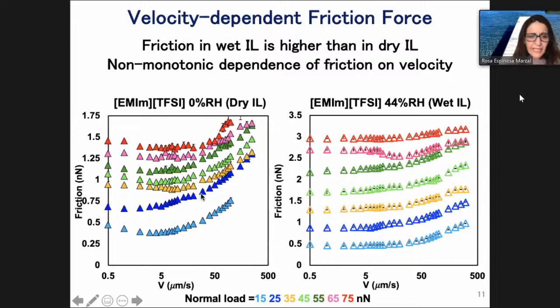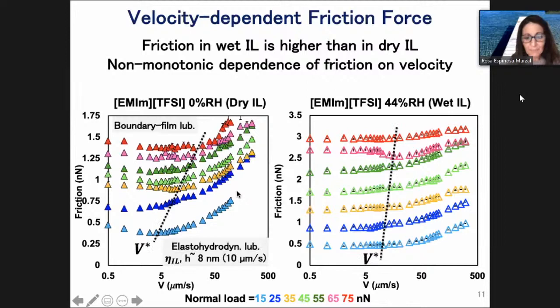If we calculate very roughly according to the Hamrock-Dowson model the thickness of the films here, considering some results that I am not going to present about the viscosity of the ionic liquids under confinement and the prominent increase that we measure, we obtain thicknesses of about 8 nanometers, for example, at 10 microns per second.